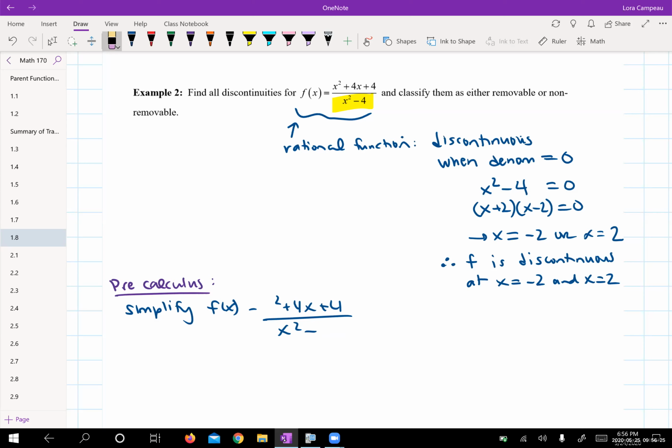So we would simplify x squared plus 4x plus 4 over x squared minus 4, usually done by factoring. So we'd say, okay, we'll see if we can factor the numerator, and I'll work horizontally to save some space. Looks like the numerator factors of 4 that add up to 4. And also the denominator, another difference of squares. We just dealt with that earlier.